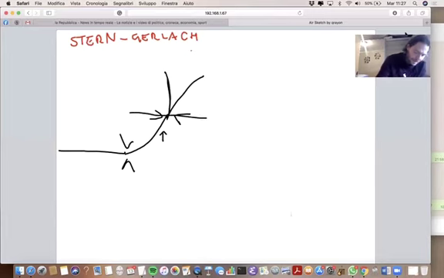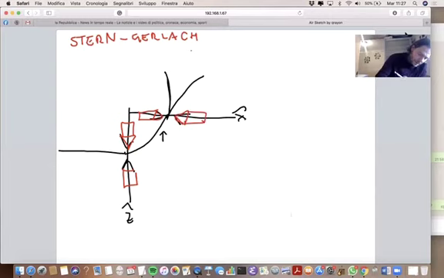This is the x-axis, so to say, and this is the z-axis. So let me draw in red the magnetic field apparatus, and in black, the beams.